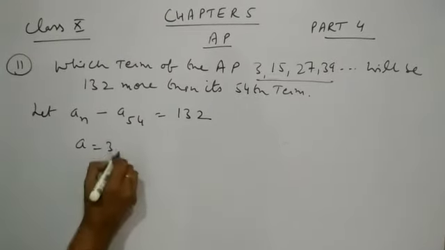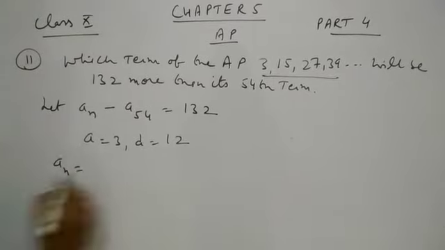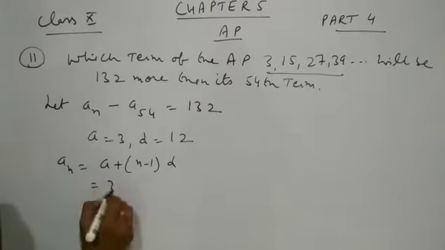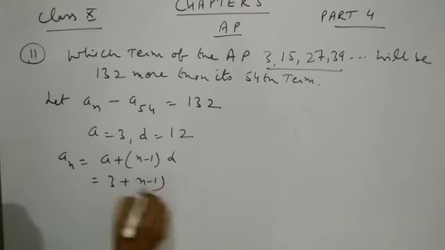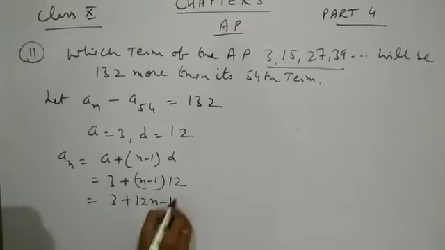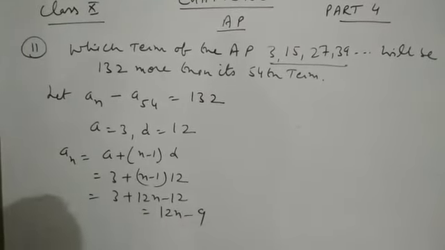Here a is 3 and d is 12. First, I will find the nth term. I don't know n here. So it will be 3 plus n minus 1 into 12, 3 plus 12n minus 12. This is 12n minus 9.